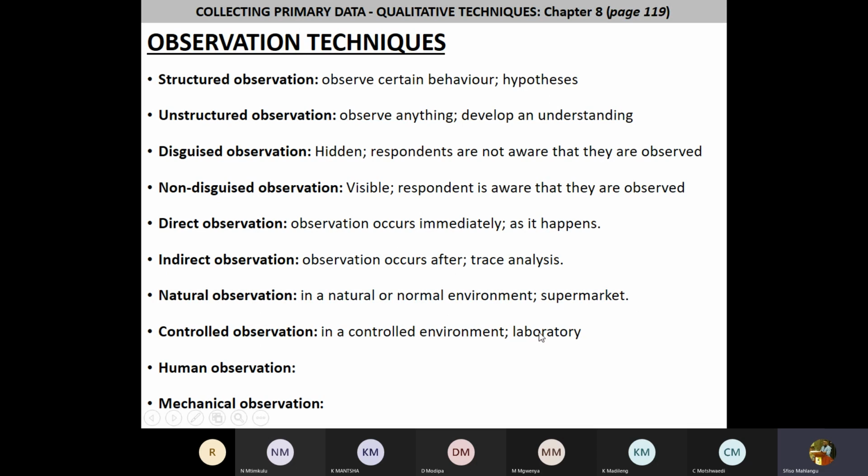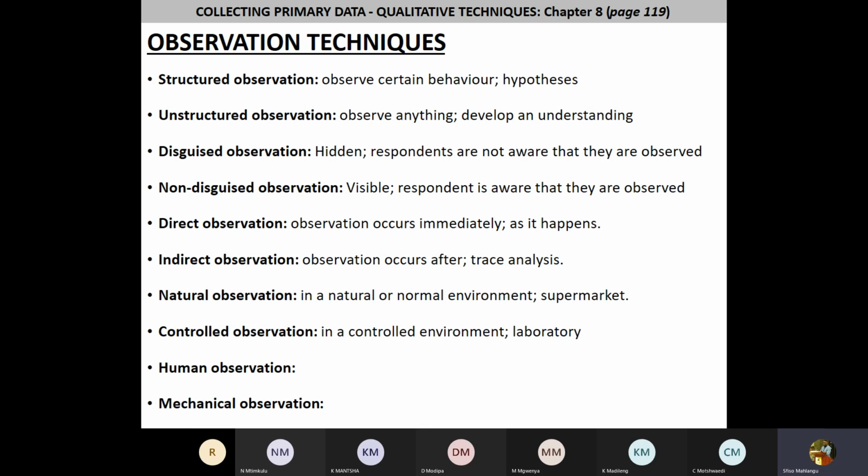Obviously, we ask them, please come to our lab, and then we observe them in the lab. So that will be a controlled environment. A natural environment could also work in places such as cinemas. We observe respondents in a cinema, we observe respondents at a museum. So that will be a normal environment where we take the observation.